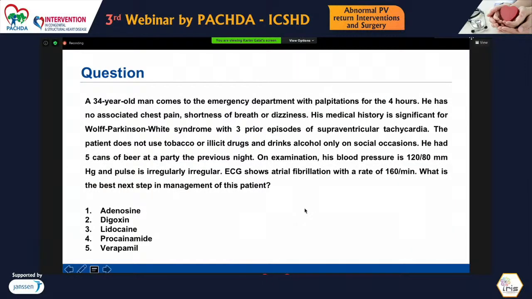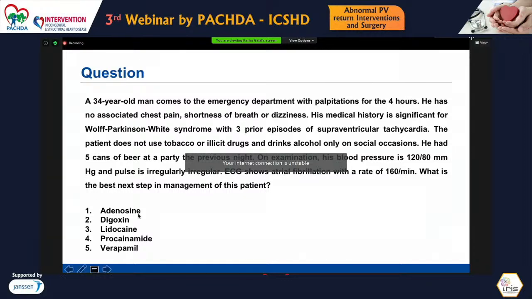And just for an example of what you have to face, this is a board question from American board exams that I'm sure some of you have also taken. Some of the attendees have taken or may still take in some form.